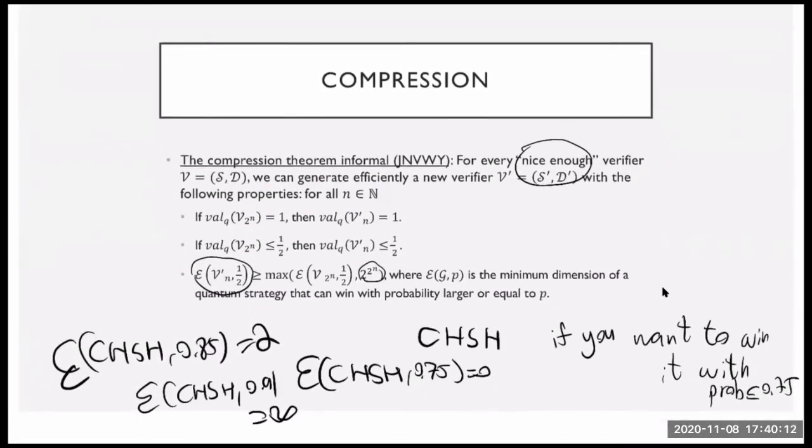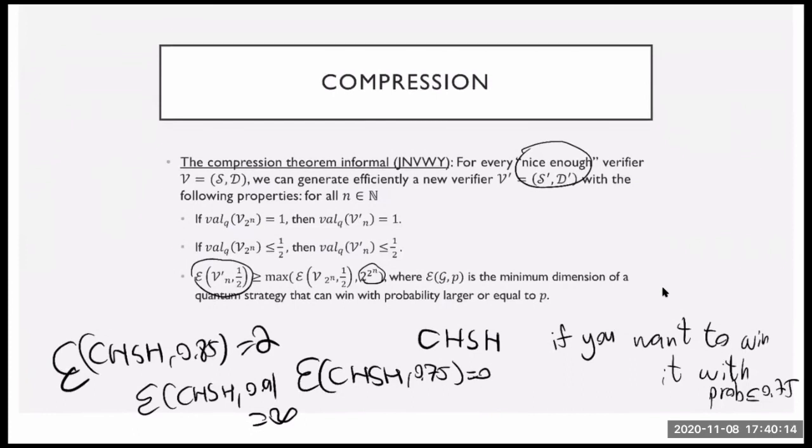So this is the correct point. If you think of V prime as simulating V, V prime in some sense simulates V to the 2 to the n. So in this sense, you get an exponential improvement in the running time.